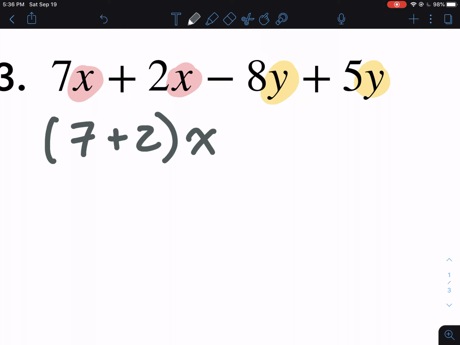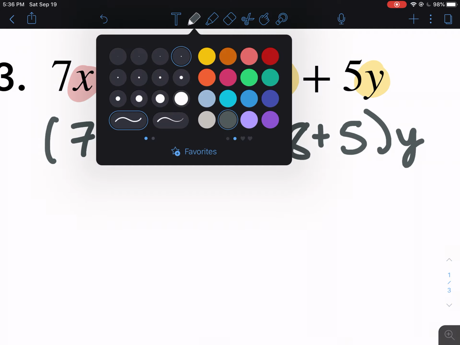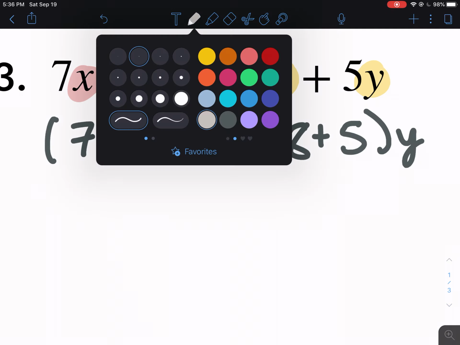And then be very, very careful. It's not minus 8 plus 5Y boxes. Instead, think of this like plus a minus 8Y. So instead, we have a plus here and we have a minus 8 right there.